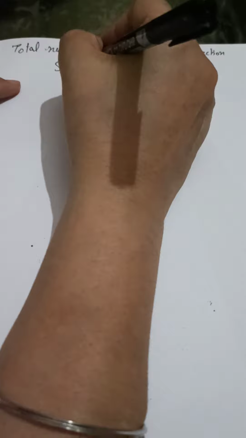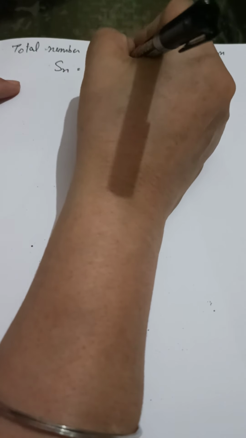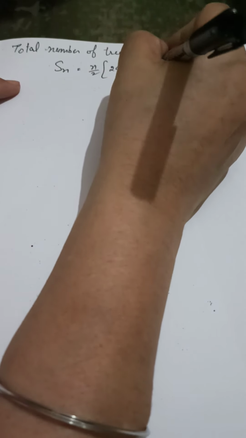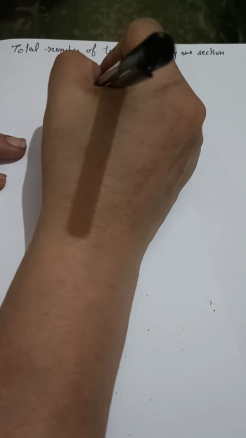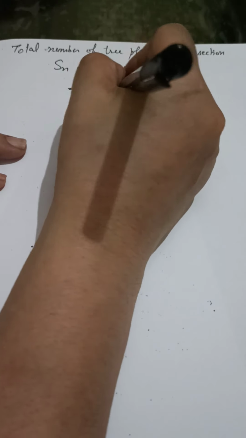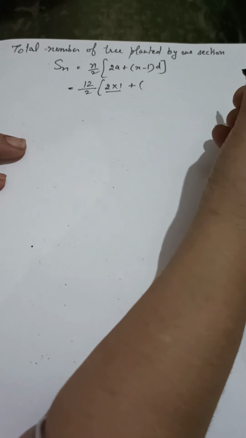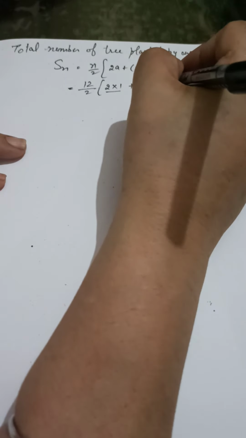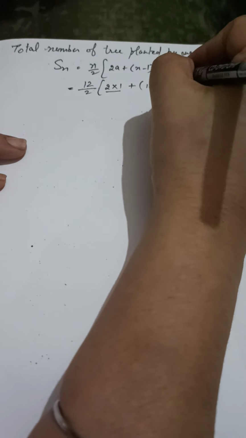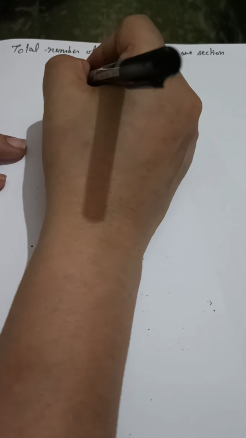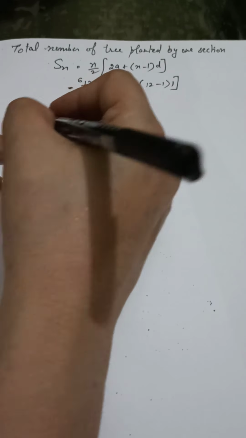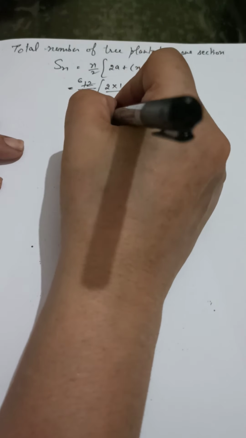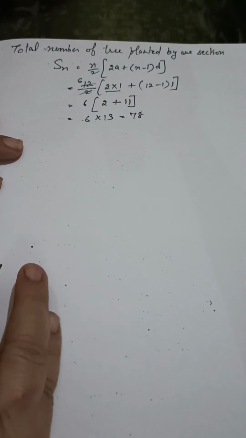Sn is equal to n upon 2, 2a plus n minus 1 into d. We get n is 12, 12 upon 2, 2 multiplied by 1 plus n minus 1, 12 minus 1, and d is 1. 6 times 2 plus 11, that is equal to 78. 6 multiplied by 13, that is 78.